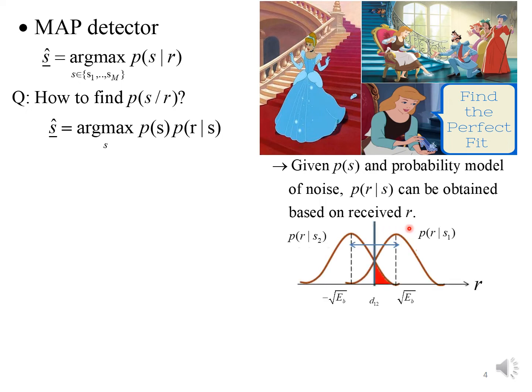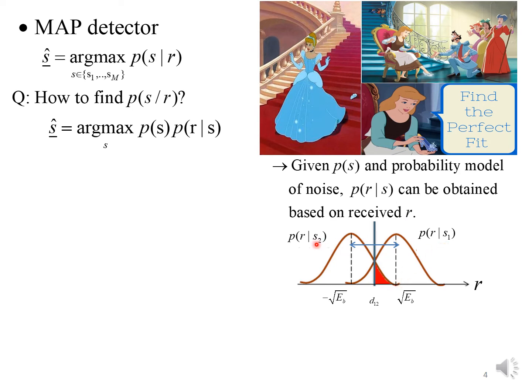So why do we say this? When S1 is sent, we know the probability distribution of R is a Gaussian distribution with mean value at S1.